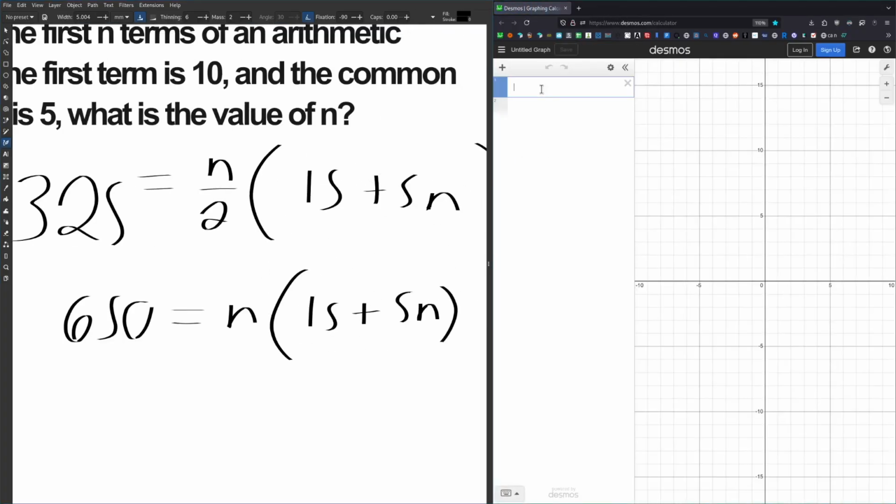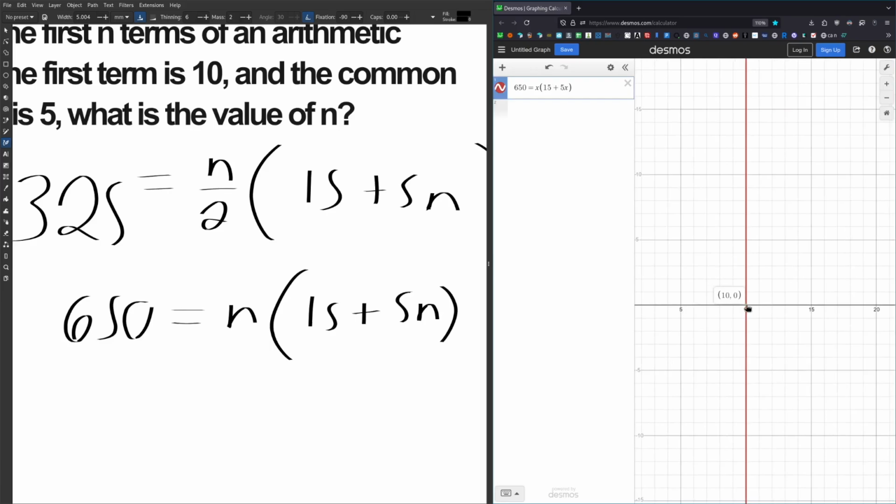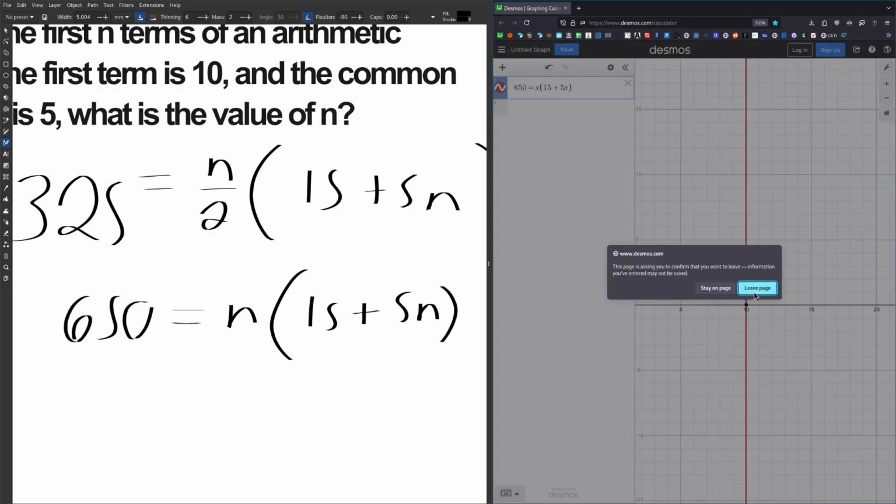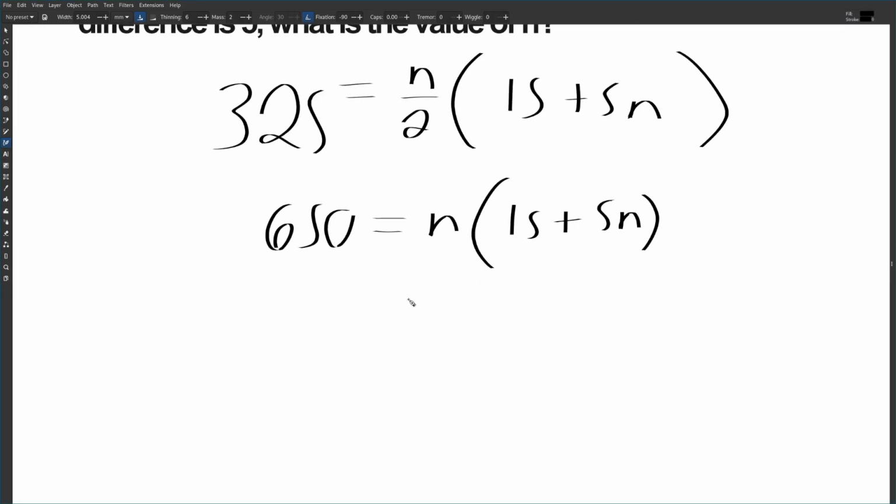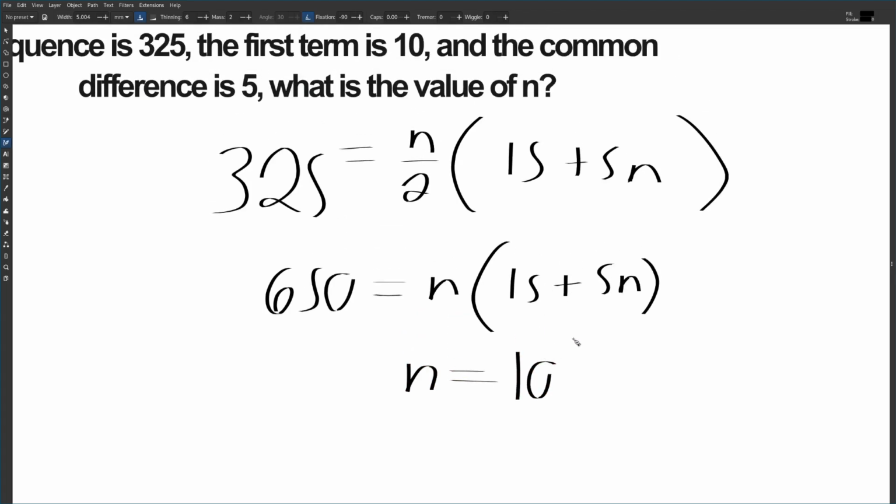You could use the quadratic formula or try small values of n, since this is an arithmetic sequence, and you'll get term numbers. So 650 is equal to x times 15 plus 5x. We get that x is equal to 10. So that means n is 10. And the value of n is 10.